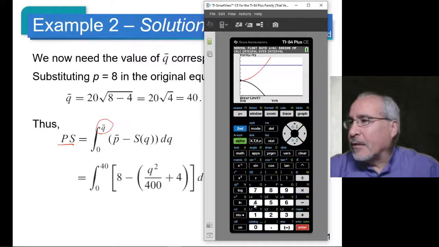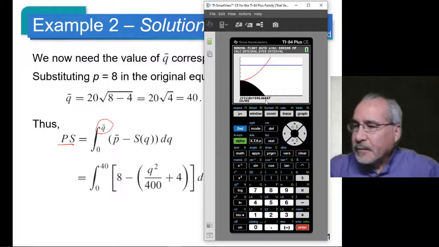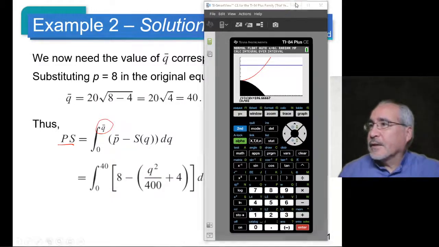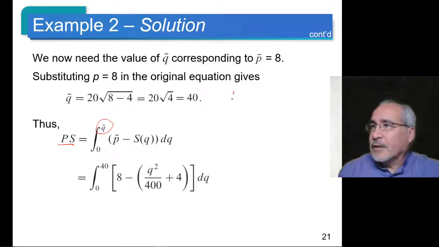The upper limit is going to be 40. And the nice thing is you will graphically see it fill in. 106.6667. So it's going to be 106.67. Let's put 106.67.